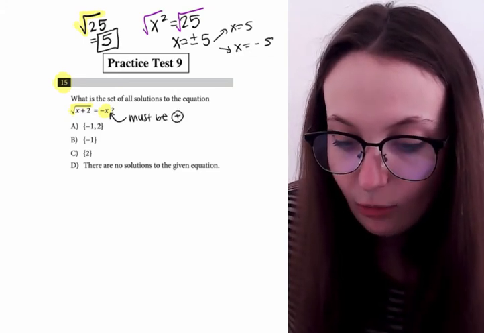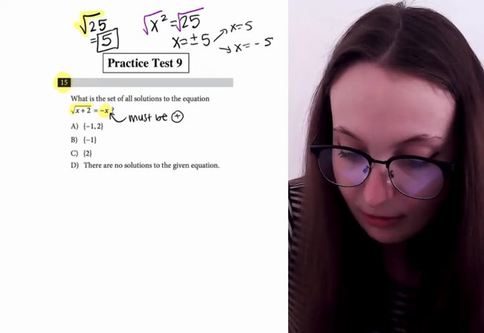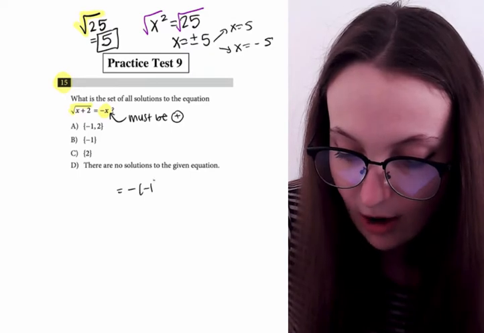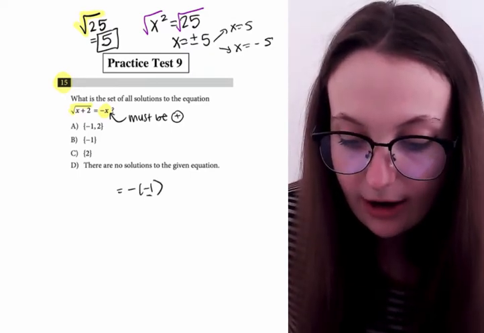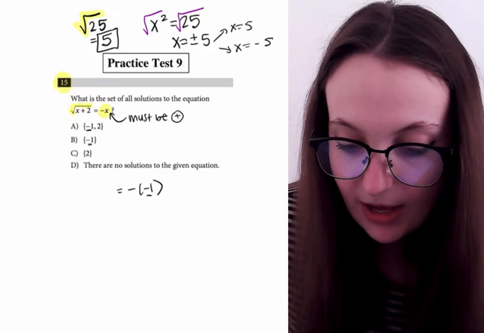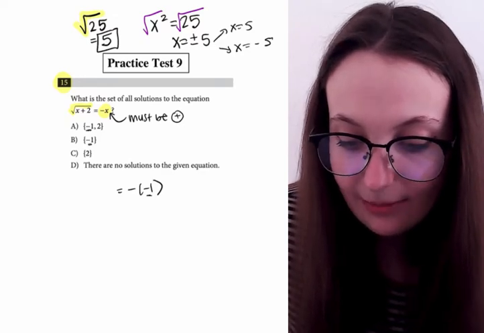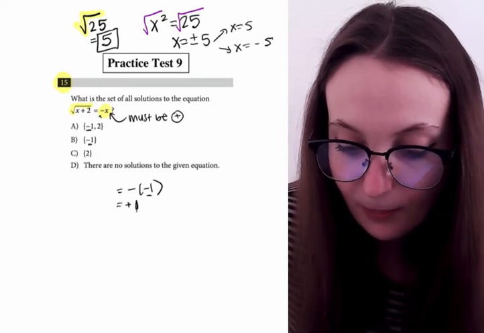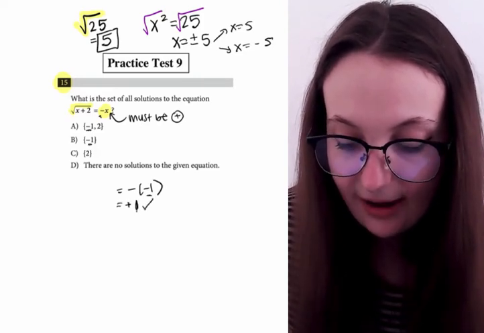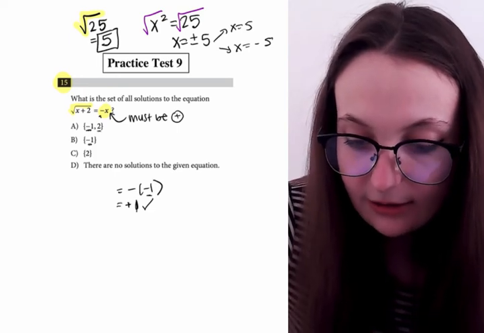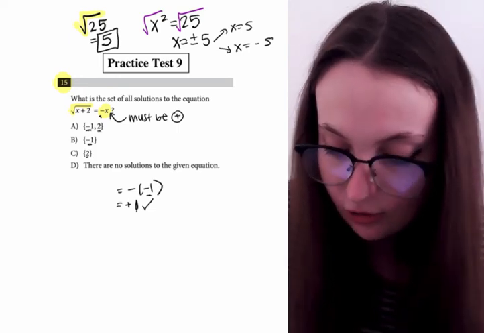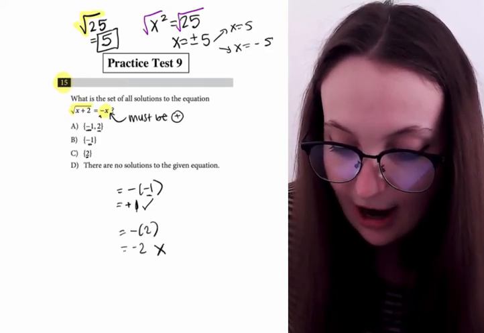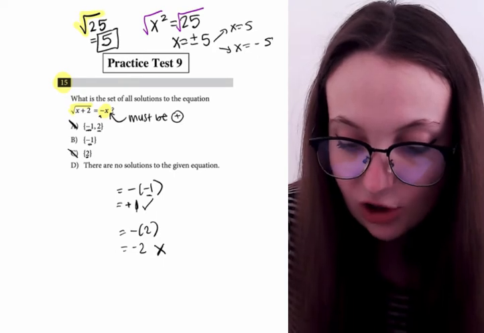Let's plug in negative 1, starting with choices A and B. If we plug in negative 1 into something that's already negative, that's going to make this side equal to positive 1. So positive 1 so far looks okay. However, if we plug in 2, that would give us negative 2, which is a negative number, so that would not be okay. Anything that has a 2 is not going to work.